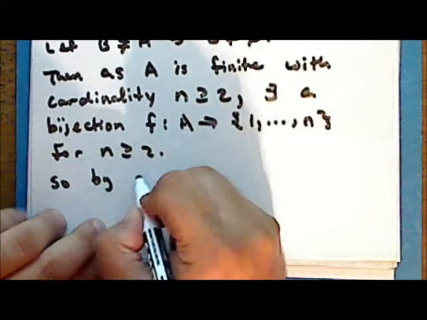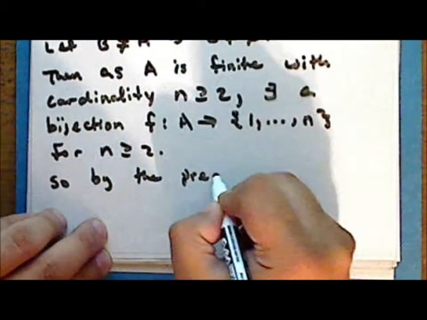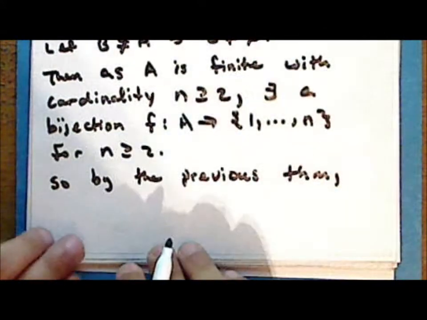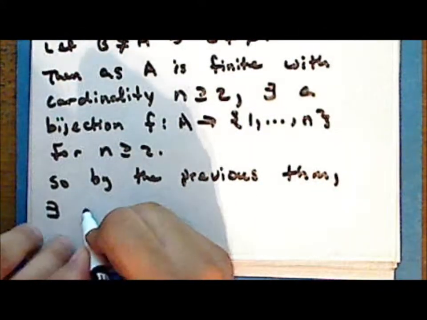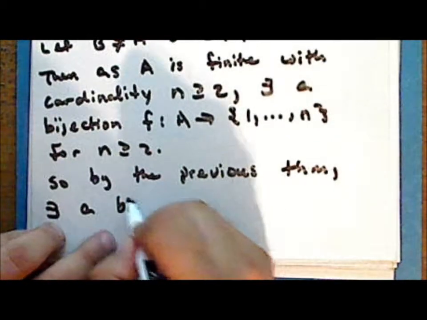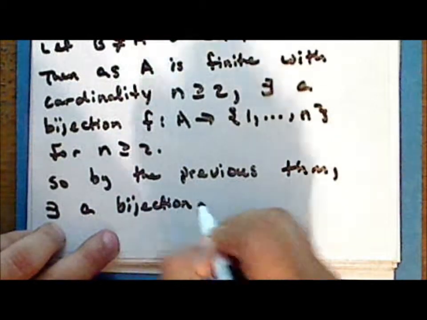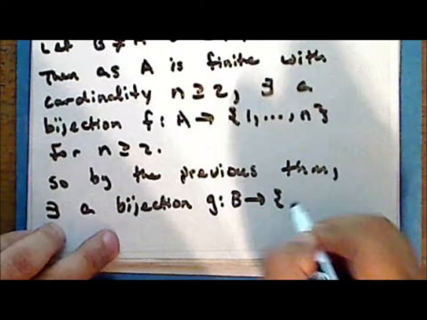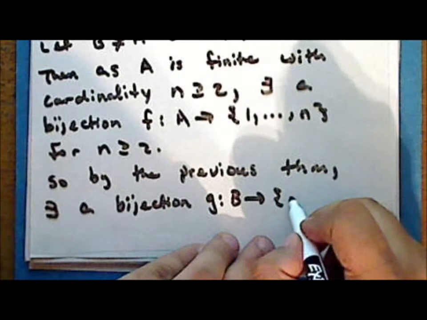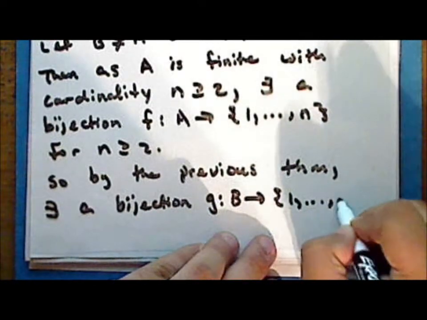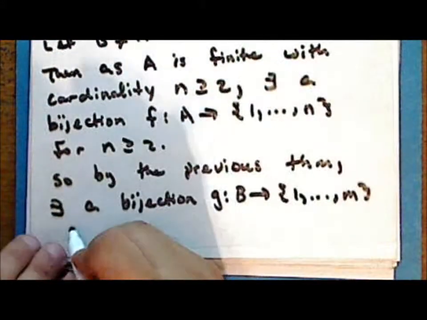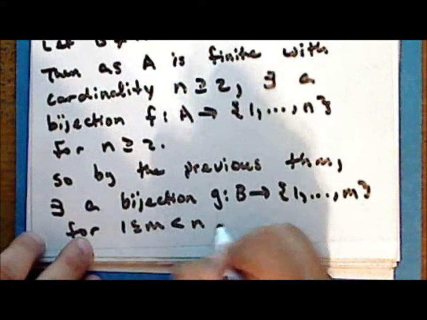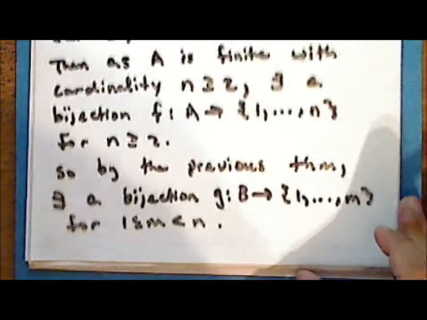So by the previous theorem, there exists a bijection which we'll call G, mapping the set B into the finite subset of consecutive positive integers from 1 to m for m at least 1 but strictly less than n.